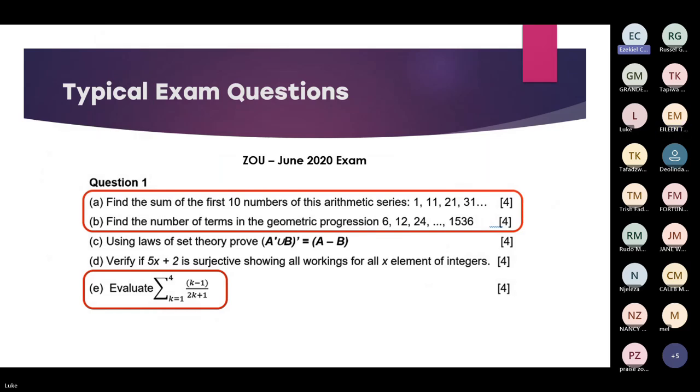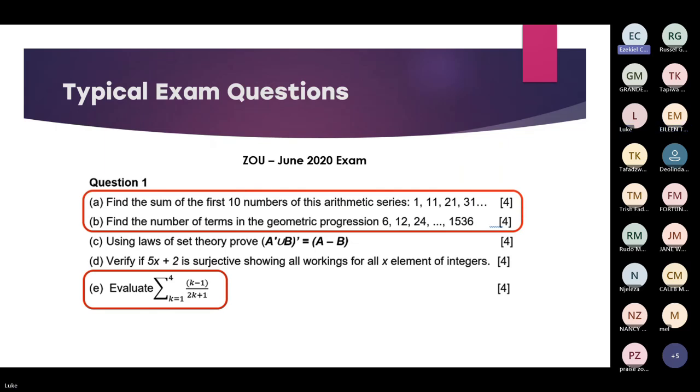Instead of finding all the first 10 numbers and then adding them to find the total, you can simply plug the n and the d into your formula. Your n is 10, and the common difference is 11 minus 1, which is 10. Even if you say 31 minus 21, you get 10. So the common difference is 10.